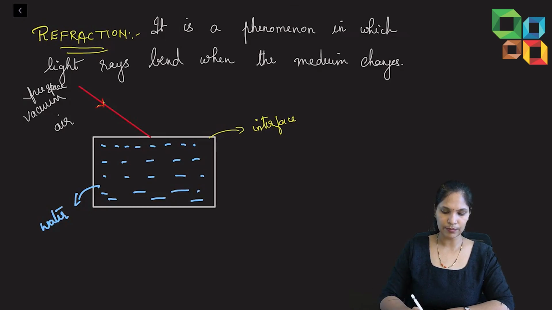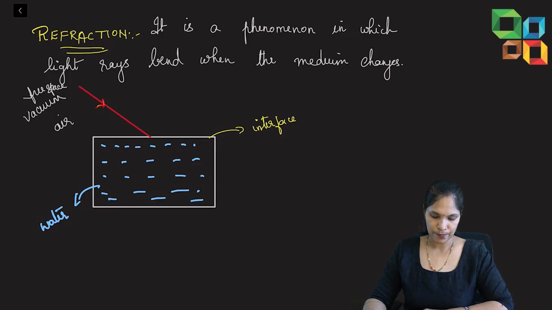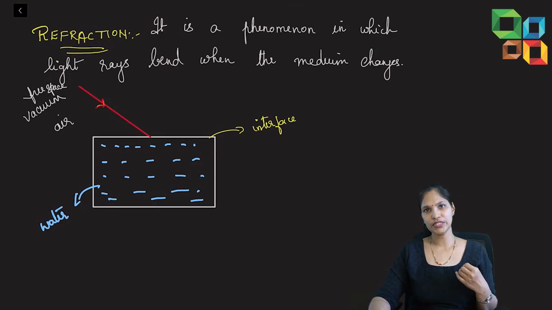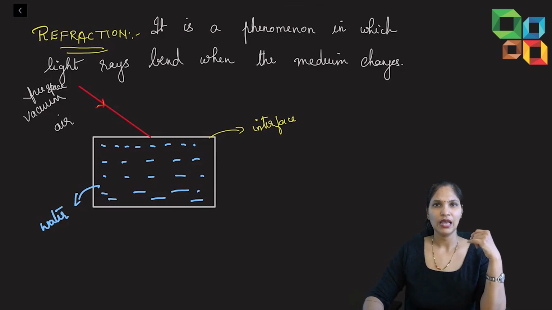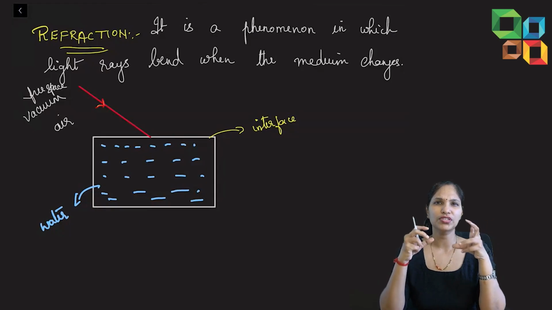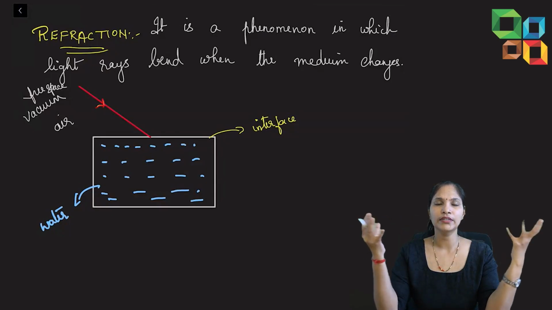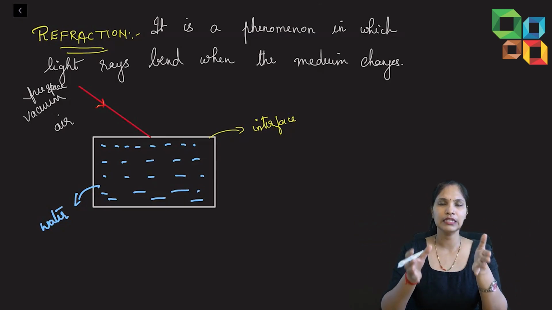So the ray of light coming from air falls on this interface. Now it's about to enter water medium. Something is different here now. If you see the medium, you'll feel air was really easy to move in, right? Because obstructions were very little in air. Gas molecules were quite far apart from each other, so light could easily move.